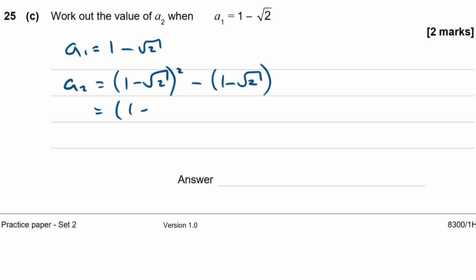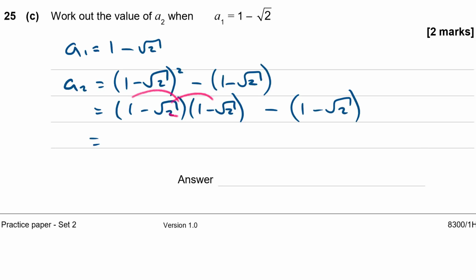Writing that as 1 minus root 2 times 1 minus root 2. And then doing FOIL on that bracket. 1 squared is 1. 1 times minus root 2 is minus root 2. Minus root 2 times 1 is minus root 2. Minus root 2 times minus root 2 is plus 2. And then I've got my minus 1 and minus root 2, which is plus root 2 on the end.